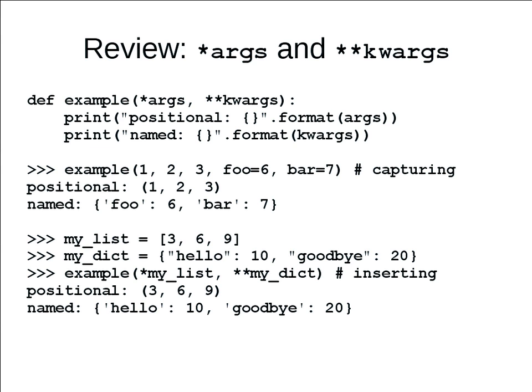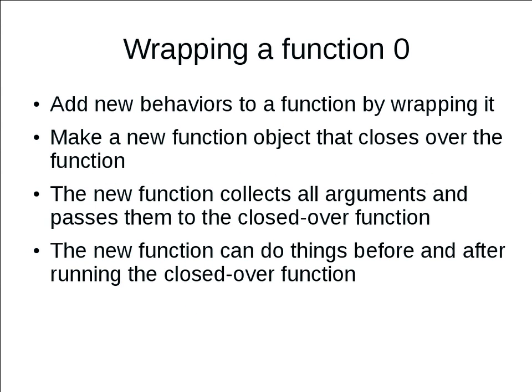So the reason I wanted to show you this is because this is used when we write wrapper decorators. We can wrap a function by making a new function that closes over the old function. And then it can do some stuff before calling the old function, call the function, do some stuff after the old function. So you can add a whole layer of behaviors wrapped around the other function.